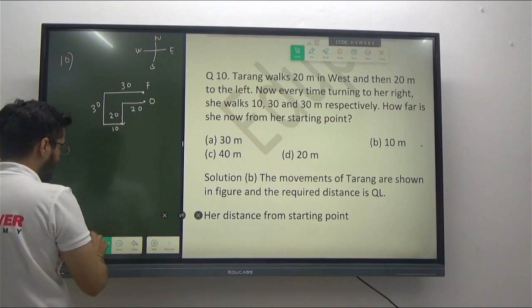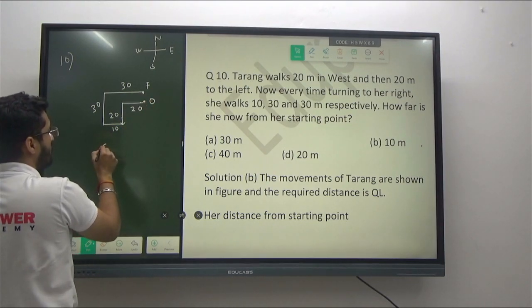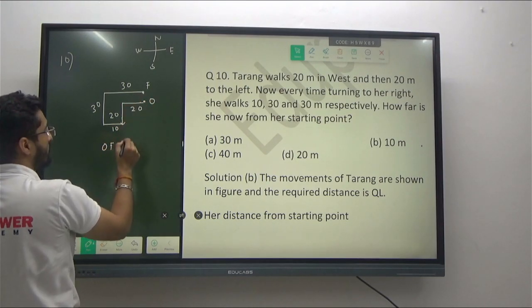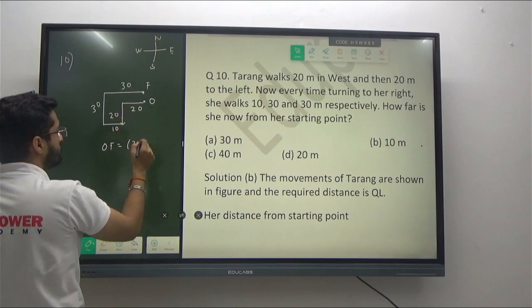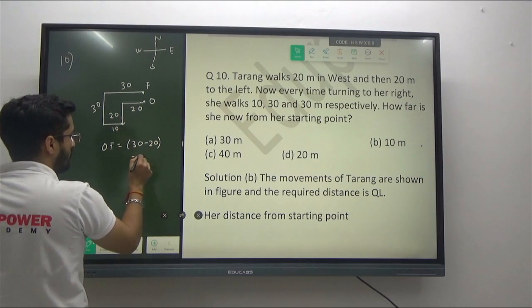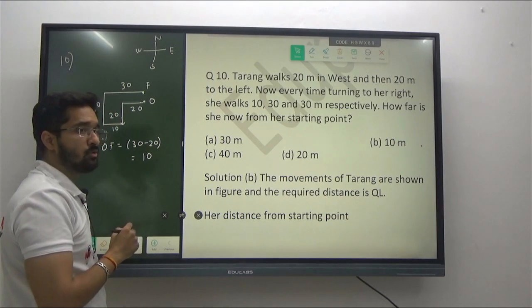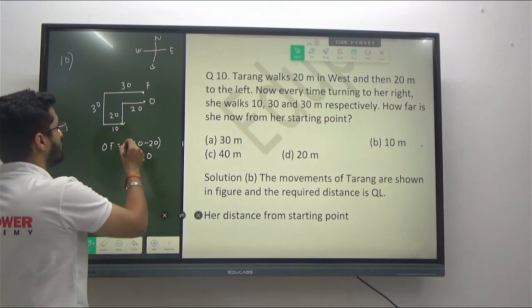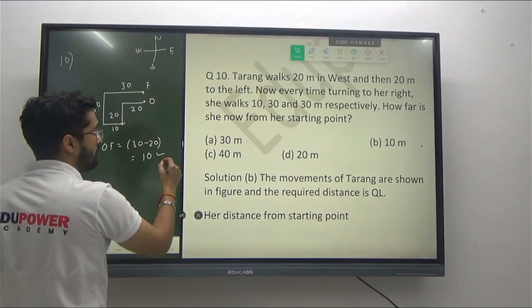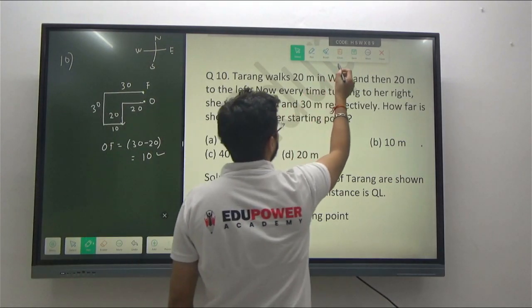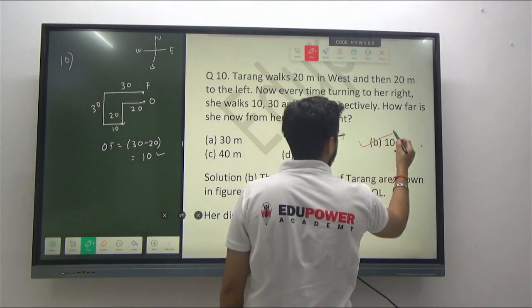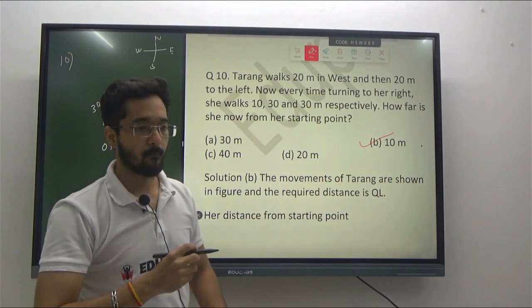So, what is this distance? How much is the distance OF? We can say that OF is nothing but 30 minus 20 is equal to 10. Okay. So, the value of OF will be equal to 10. So, answer will be B, 10 meters.